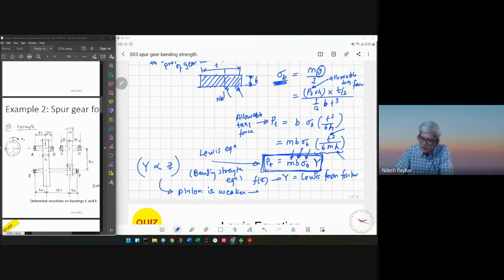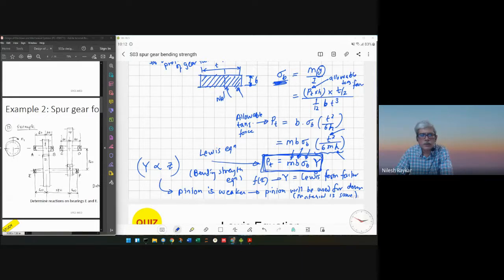So if you have the same material for gear and pinion, the pinion will be used for design. Provided the material is the same for pinion and gear, you need to do the calculation only for the pinion.